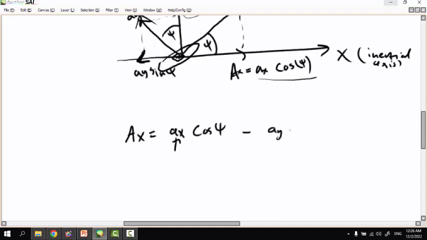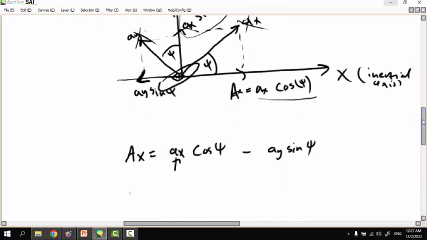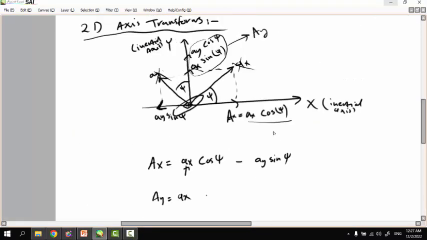And ay inertial will be equal to ax sine psi plus ay cosine psi, these two adding together because they are in the same direction.